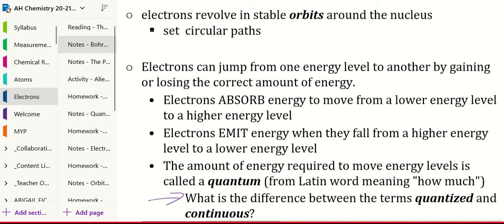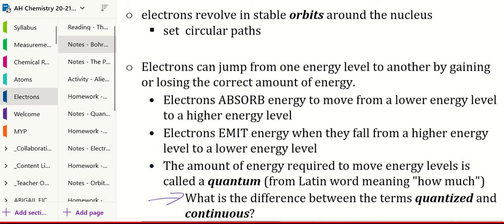The energy level closest to the nucleus is what we call the lowest energy level, and as we move away from the nucleus, we move to higher energy levels. For an electron to move from a lower energy level to a higher one, is it going to absorb energy or release energy? It's going to need to absorb energy.